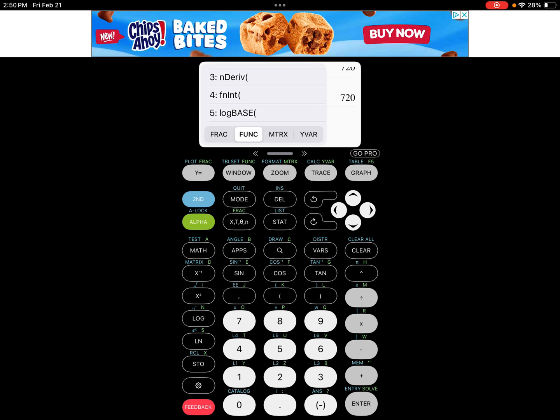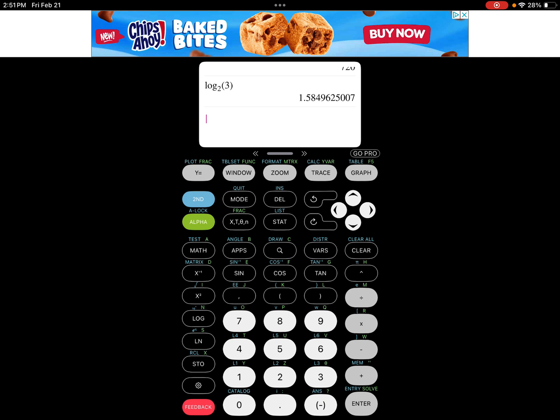You get log base. I think yours is 5, 2. You can do the same thing. You can put in 2, and then you can put in 3, and enter.